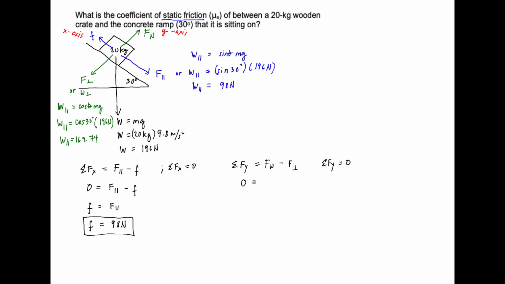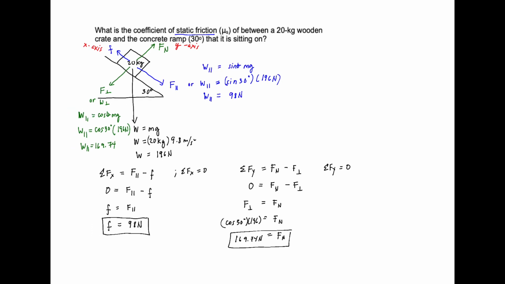So we have the normal force minus the force perpendicular, and we know the normal force is equal to the force perpendicular. And so the normal force will become the perpendicular force, which is cosine of 30 multiplied by 196, and the normal force would be 169.74 newtons.